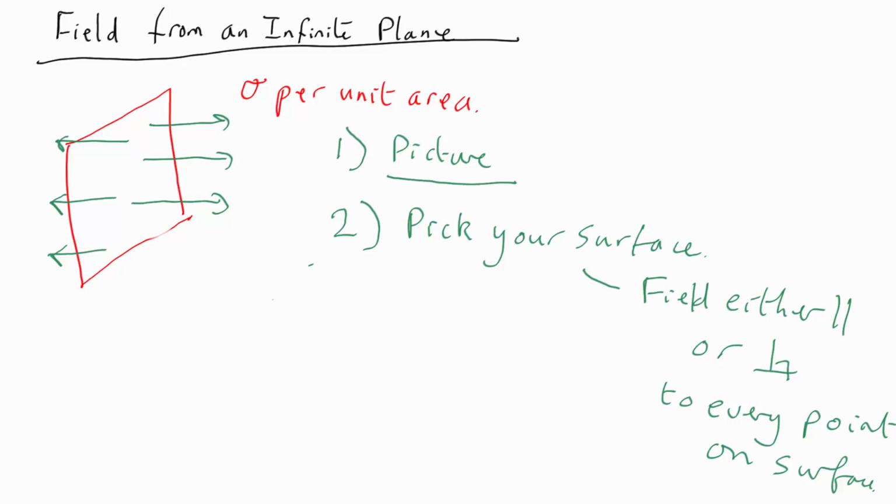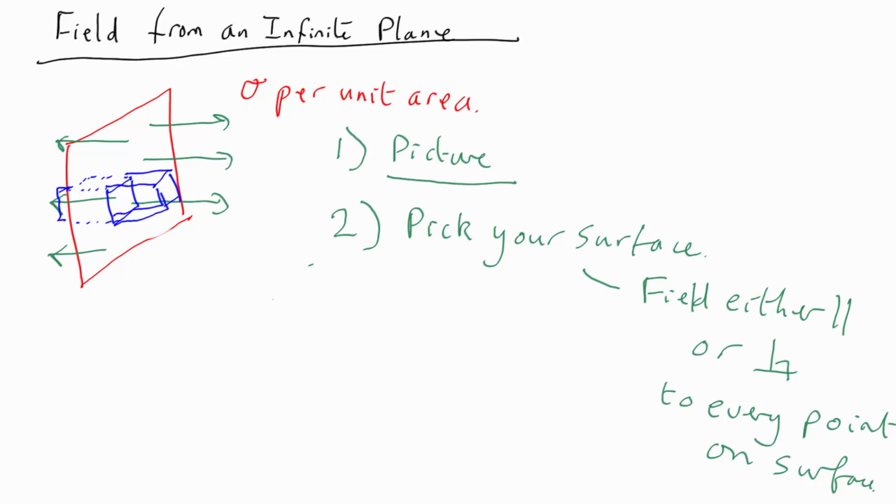So how about a surface something like this? We're going to have a cube coming out of the plane and also extending the other side. So something like that. So we've got a square region of the plane, and we've drawn a cube going straight out from it, and that's going to be our Gaussian surface.